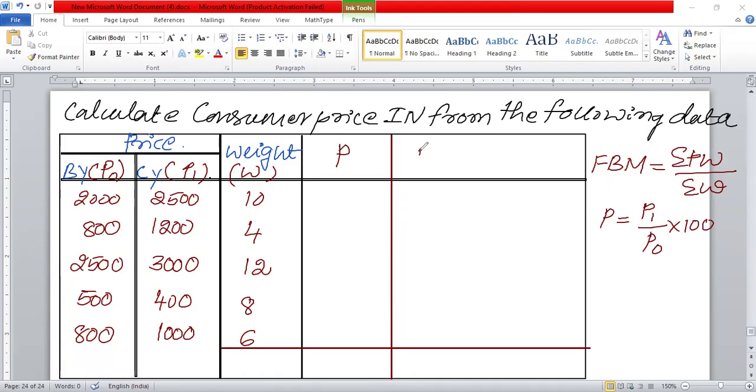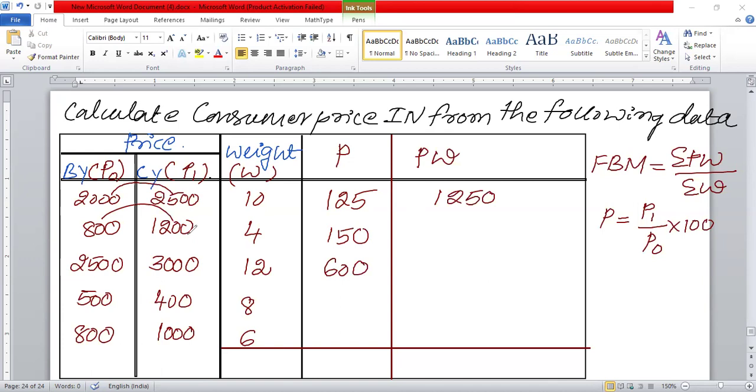The first one, P is 2,500 divided by 2,000 into 100. So 125 into 10. So 1,250. Similarly, 1200 divided by 800 into 100. So 150. So 150 into 4. So 600.